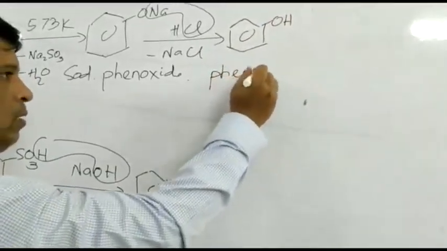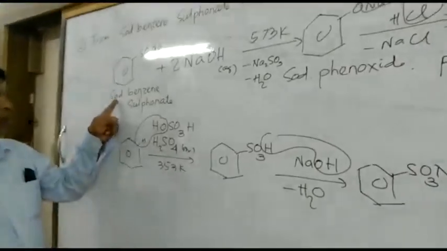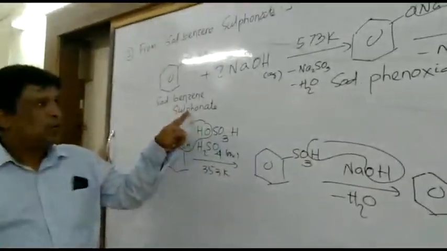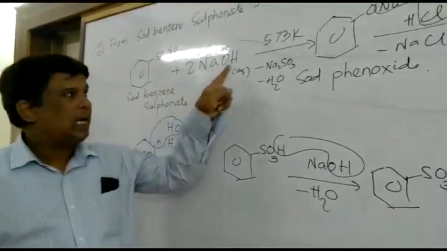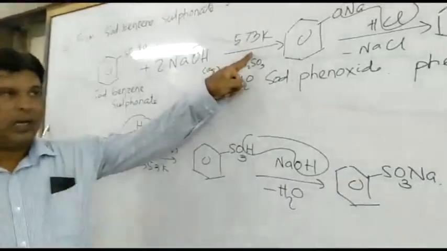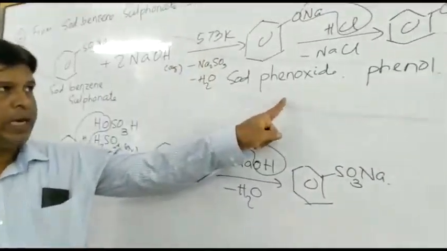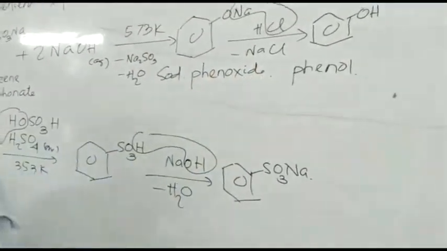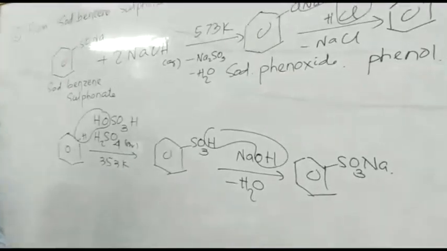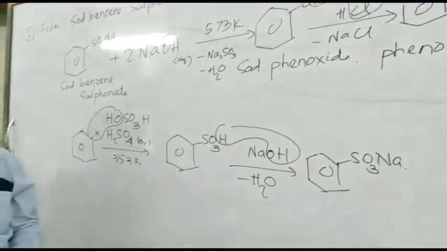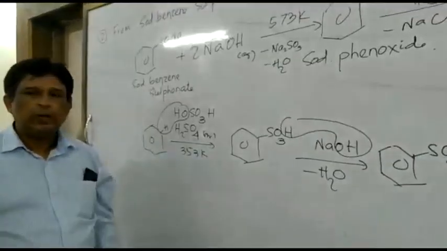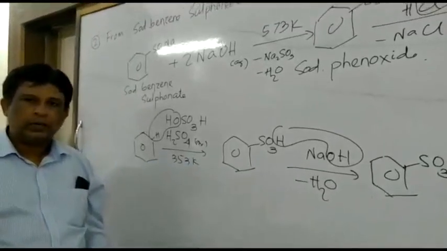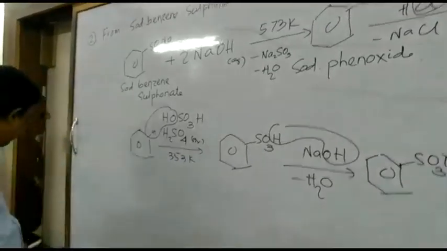Its name is phenol. So let us recap again. When sodium benzene sulfonate is fused with alkali at 573 Kelvin, sodium phenoxide is formed, which upon acidification gives phenol. This is the second method of preparation. Next, we go to the third method of preparation, that is from chlorobenzene. Otherwise, it is known as Dow's process.